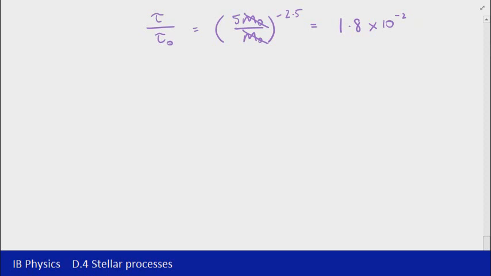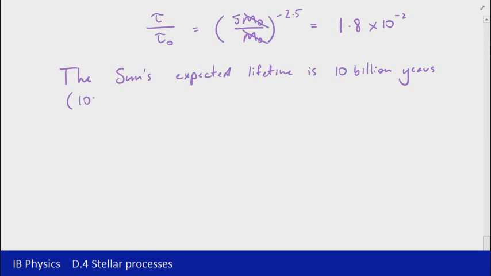Now, the Sun's expected lifetime is 10 billion years. If we express that in scientific notation, that would be 10 to the 10 years.